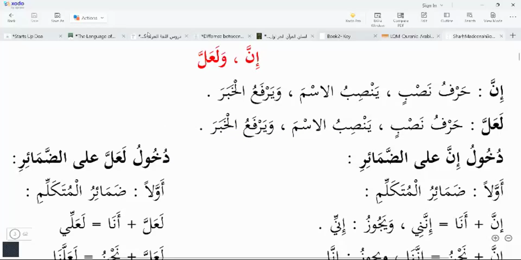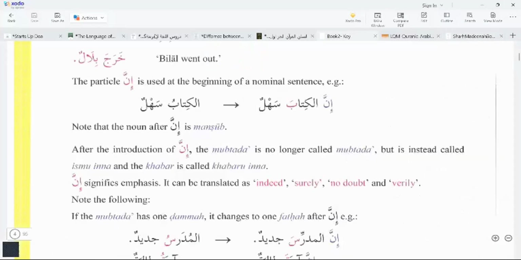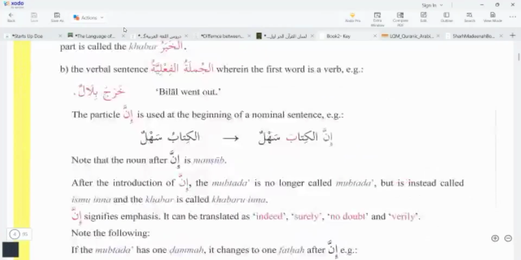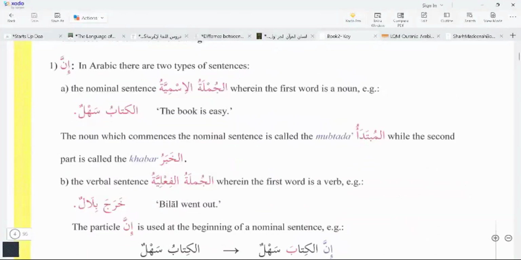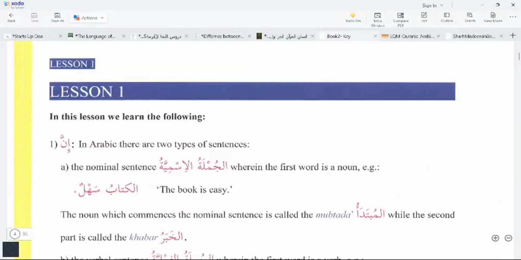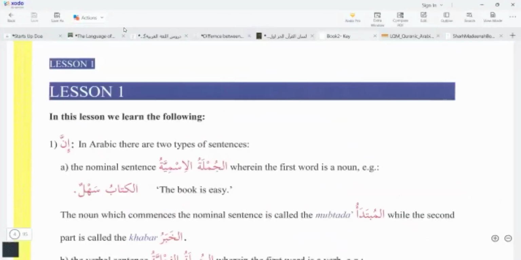Today inshallah we will start the Duroos al-Lughah al-Arabiyyah, Juz 2, Book 2. We have learned that there are two kinds of sentences: Jumlatul Ismiyah and Jumlatul Fi'liyah.